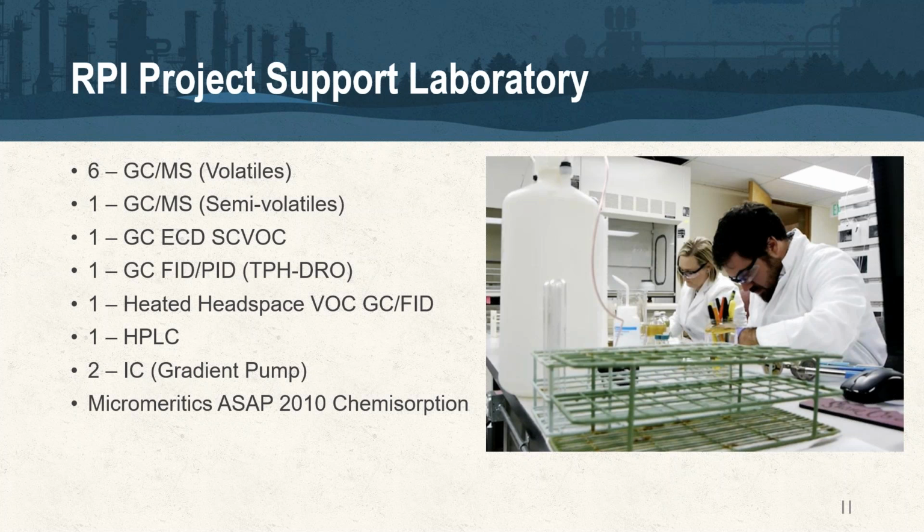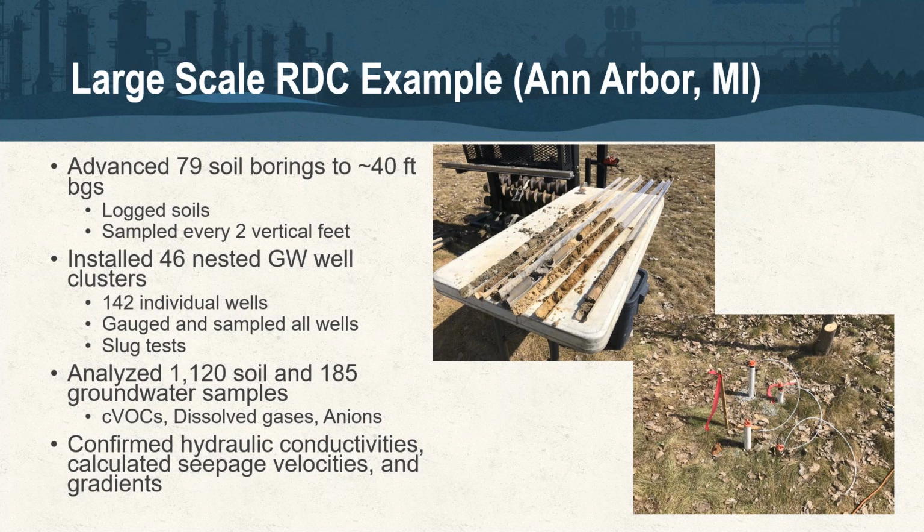So here's an example of a very large scale. This is our largest scale RDC, I think, that AST has implemented. So this is not your average site, obviously. We work all the way down to corner gas stations and small dry cleaners, where maybe you're advancing 5 soil borings and sending 30, 40 soil samples to RPI. Well, this is on the other end of that.